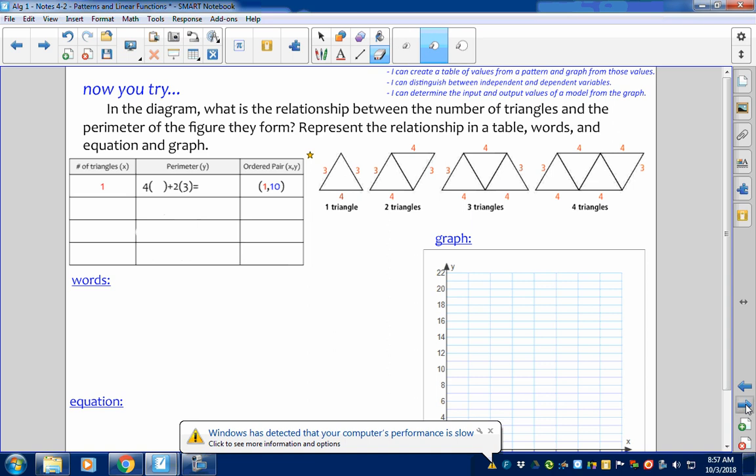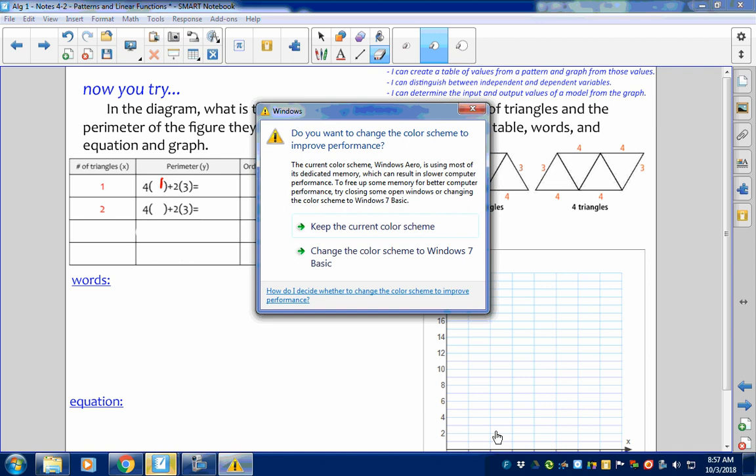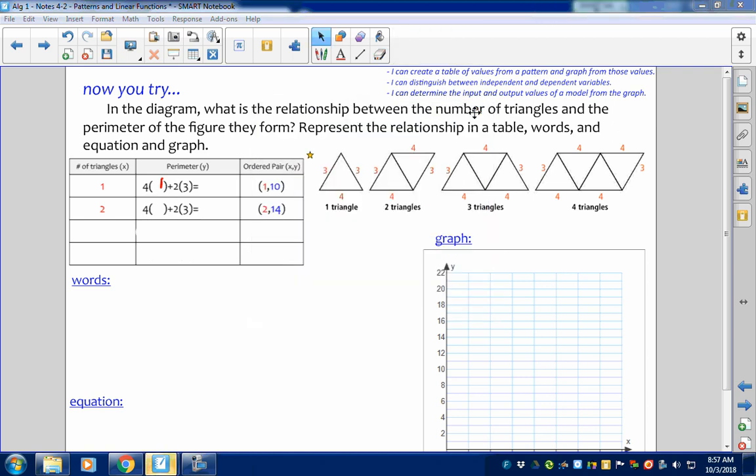So your table would look like this. With 2 triangles, you would have 2 4's, 1 4. With 3 triangles, 4 triangles.